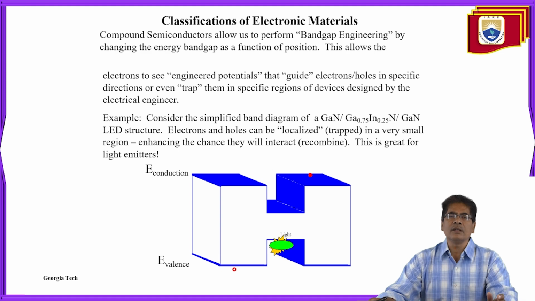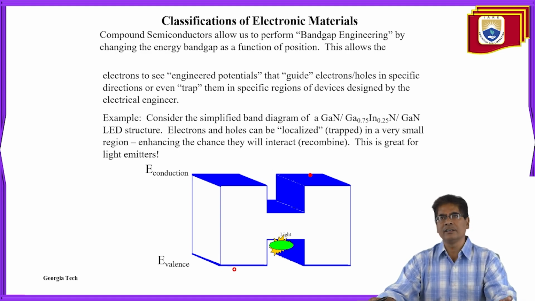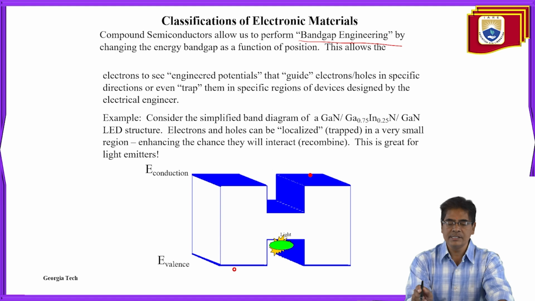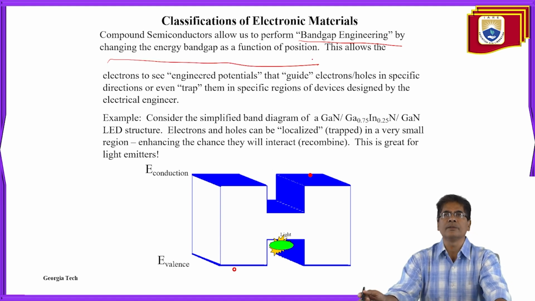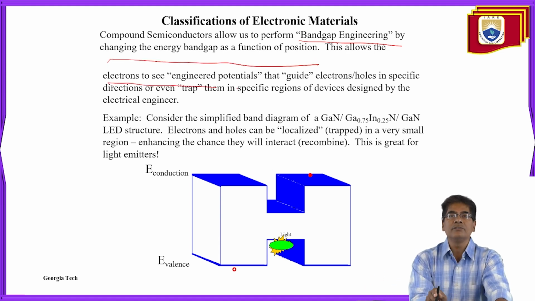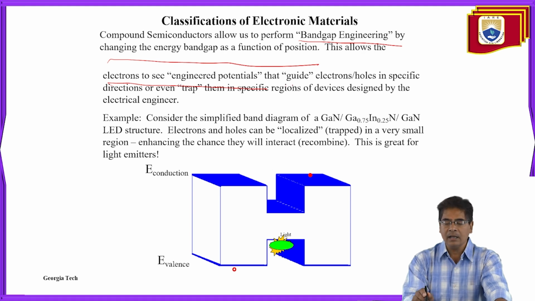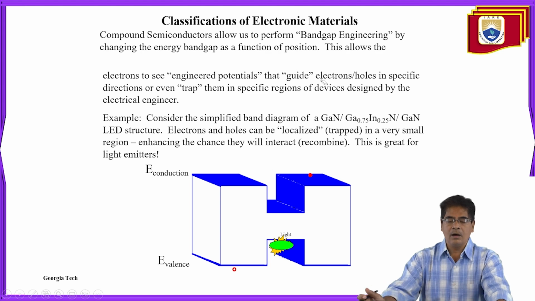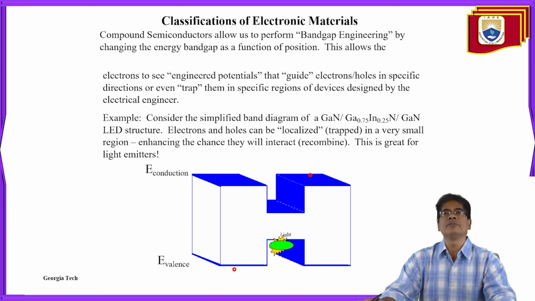Right. So that was how the classification of electronic materials was framed. Compound semiconductors allow us to perform band gap engineering by changing the energy band gap as a function of position. So this allows the electrons to use engineered potentials that guide electrons or holes in specific directions, or even trap them in specific regions of devices designed by the electrical engineer.